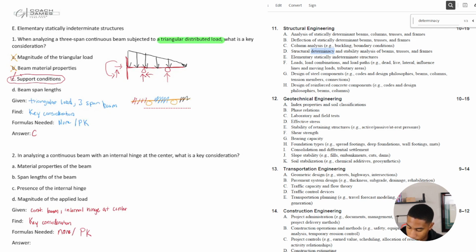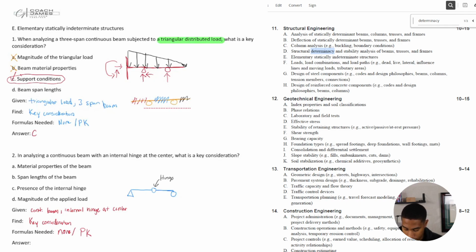You've got this beam, and there's a hinge right there. Normally they call this out. Let's say you have a pin and a roller. So here's my hinge, and it's a hinge at the center.